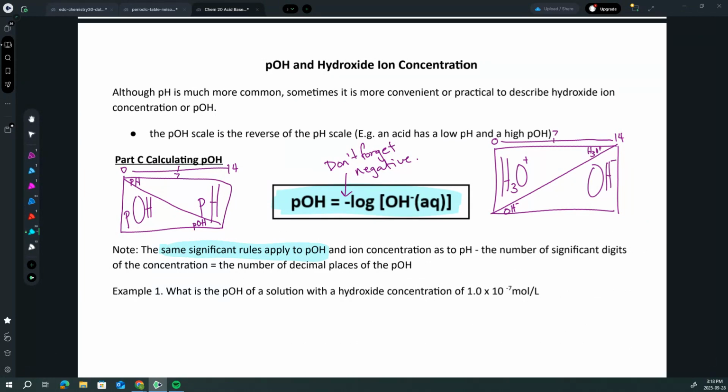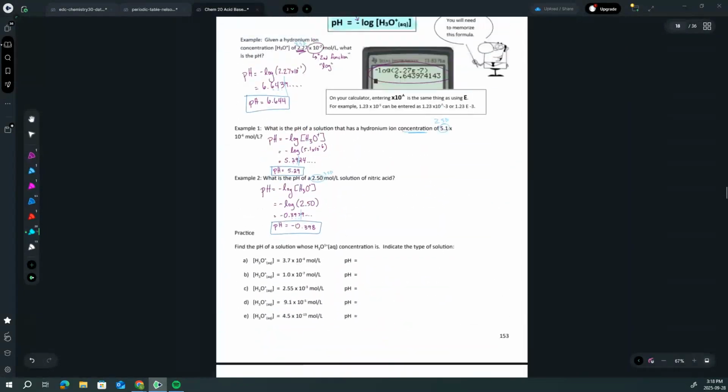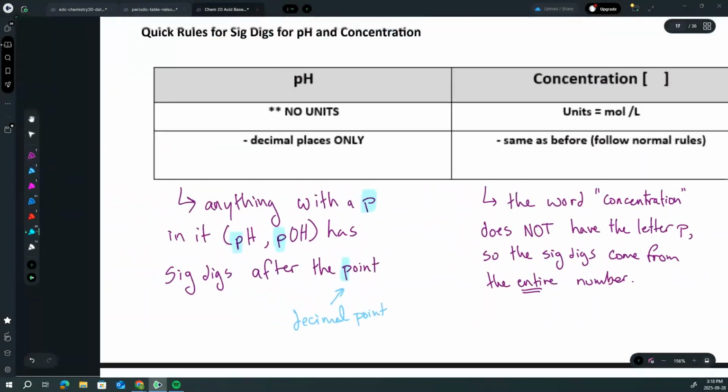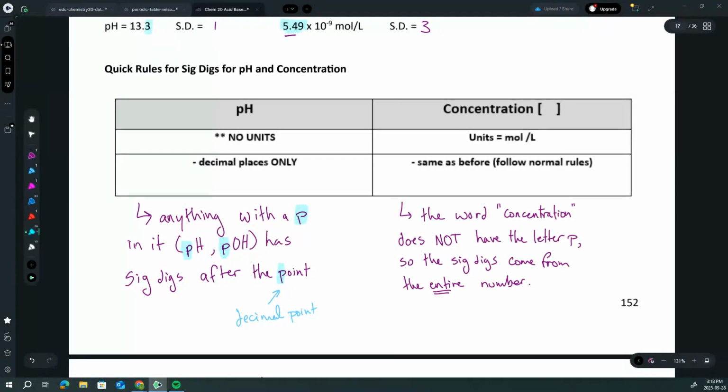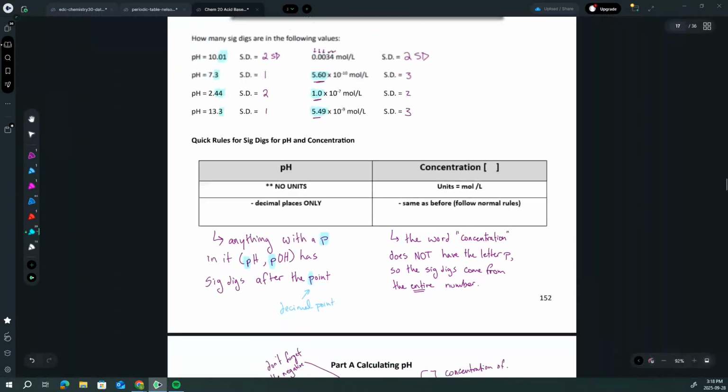So for sig digs, you look after the point, which is something that we said in an earlier lesson. This is why I was saying anything with a P in it, like pH or pOH, your sig digs are going to come after the point. Whereas for concentration, that word doesn't have the letter P in it, so you're going to look at the entire number to figure out how many sig digs you have.